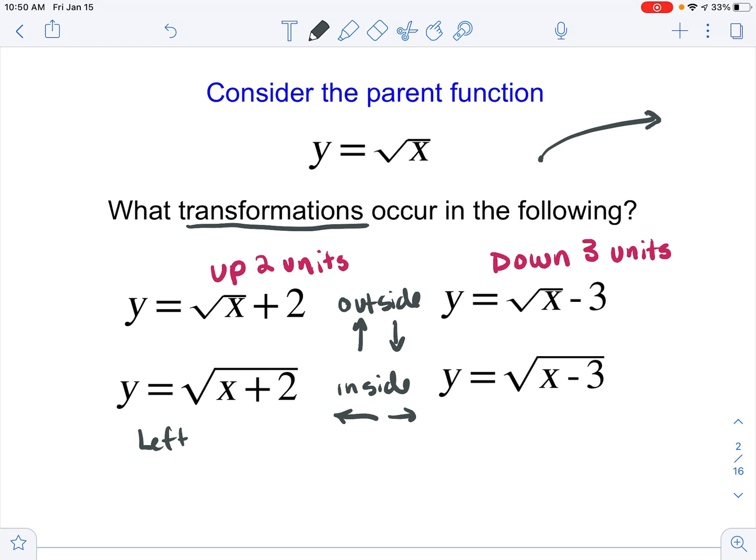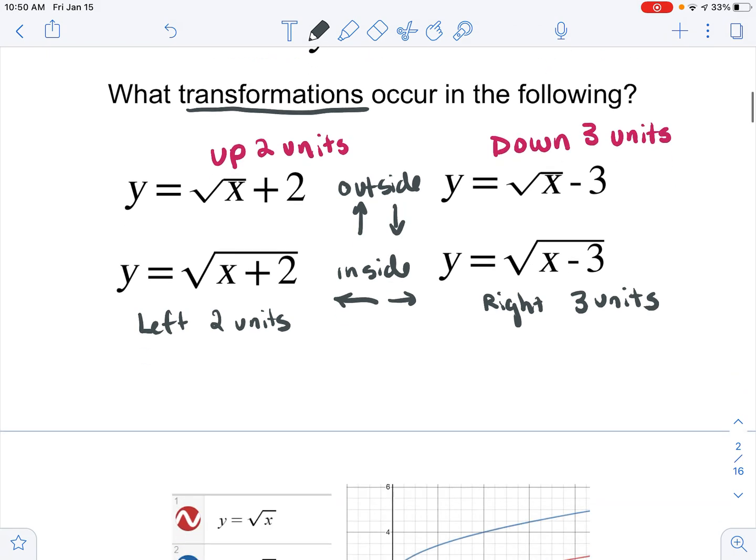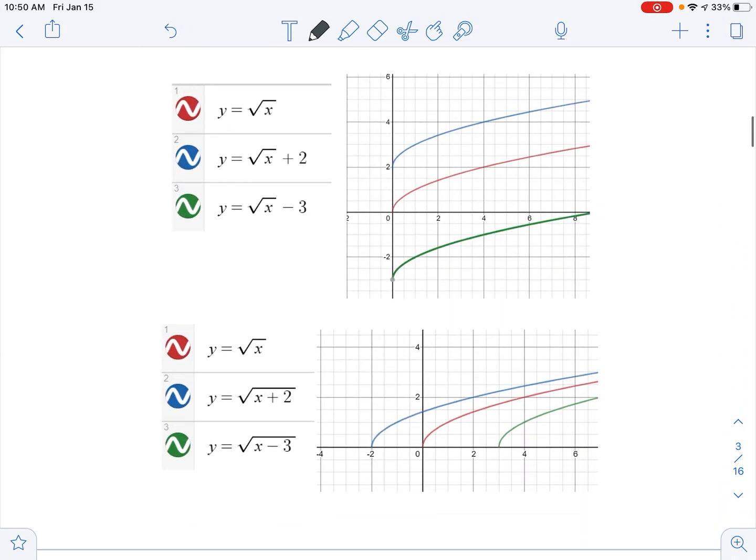So this graph would shift square root of x left 2 units. Whereas this graph, x minus 3, subtracting 3 on the inside, would be going towards my positive numbers, or right 3 units.